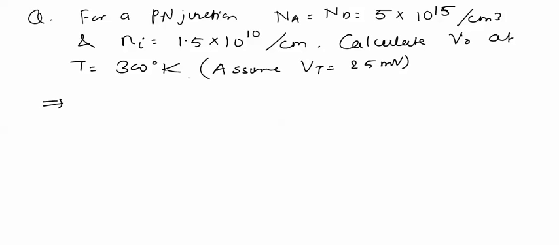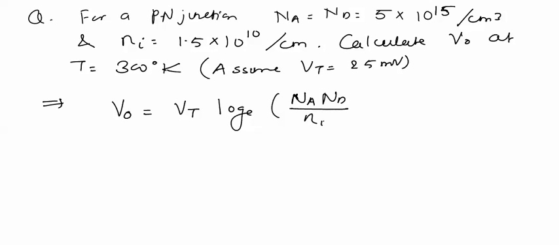We have to calculate contact potential V naught. We know that contact potential V naught equal to Vt log to the base e Na into Nd upon Ni square.